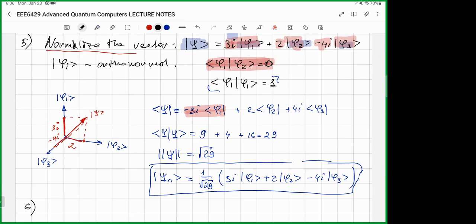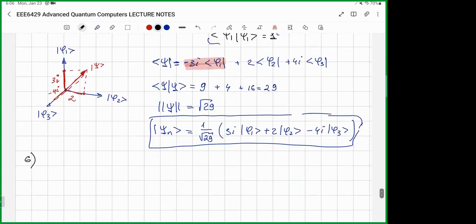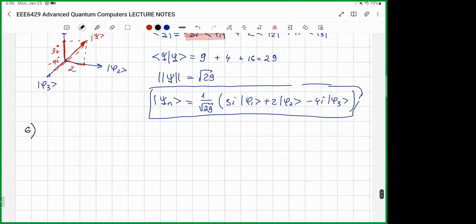Can you write out the second part? Yeah, sorry, maybe I skipped this part. Let me write this in more detail.